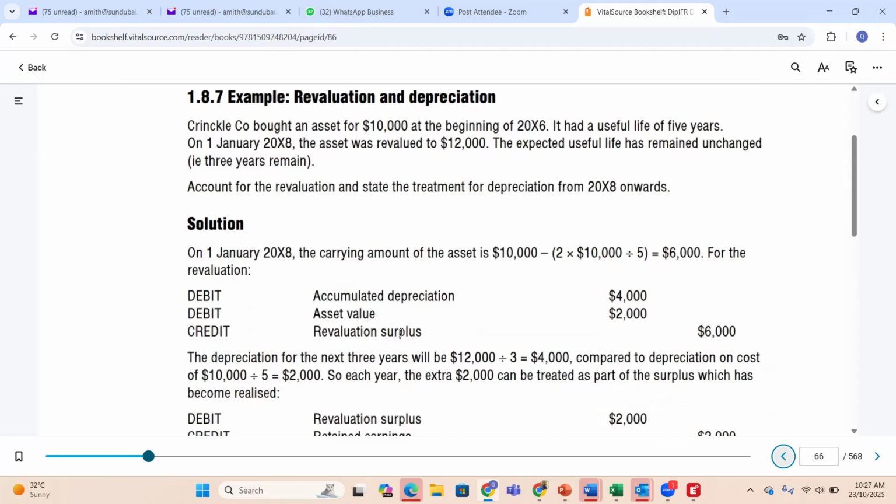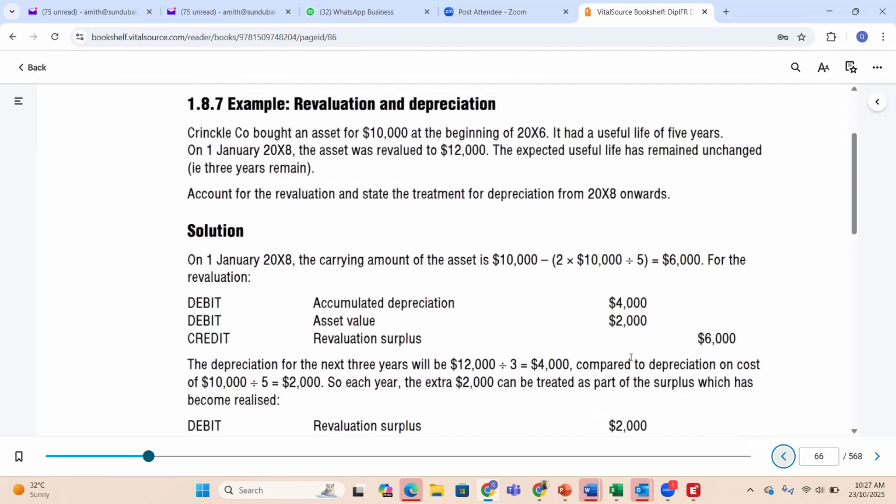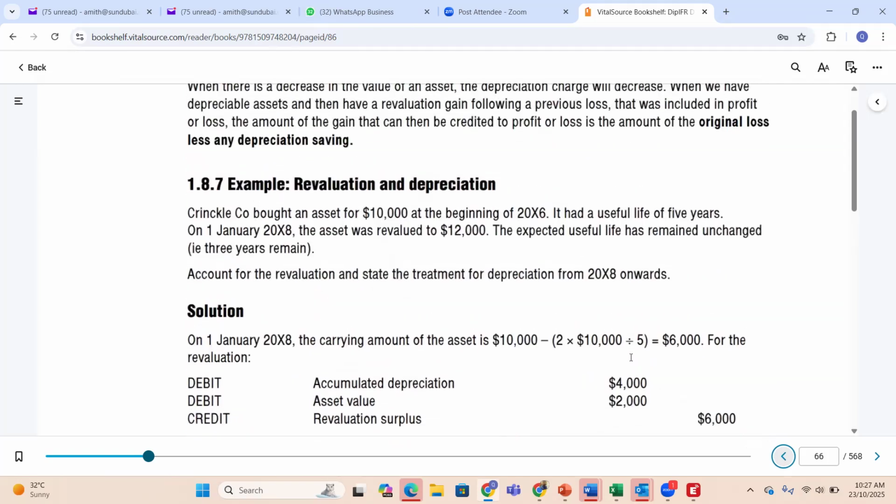See, now they have given that this is how you have to account. So now they have transferred 2,000 to retained earnings. Now, tell me, how did you get this 2,000? I'll only show the center. They have transferred 2,000 to retained earnings.